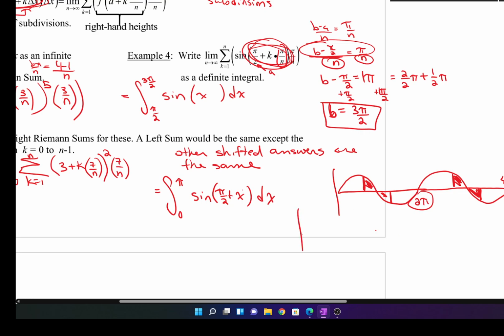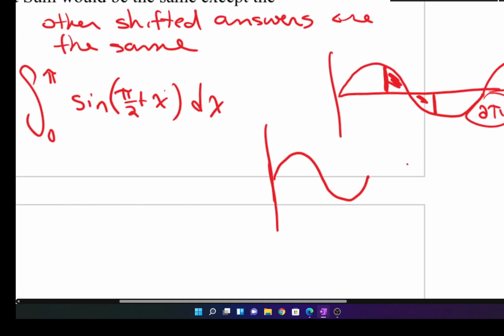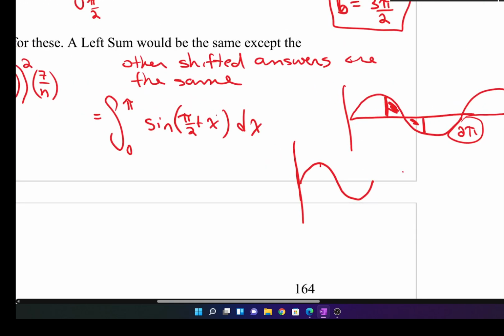Okay, so not just that though, I wanted to say that if I zoomed in on sine, here, let me draw it using this line. It's very handy for me right now. So if I go right here, this is 2 pi, this is pi, well, say that this is pi over 2. If I take this area to the left, it would be the same as the area to the right. You know what I mean?